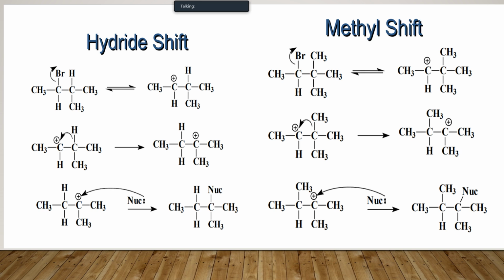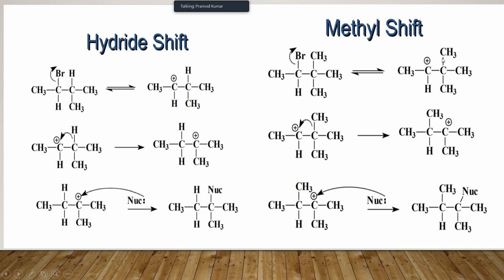The next type of rearrangement is your methyl shift. So if, instead of hydrogen in this case, there is a methyl group, let us take 2,2-dimethyl, 3-bromo butane. So the adjacent carbon contains a methyl group. The carbocation is formed. So this is a secondary carbocation.